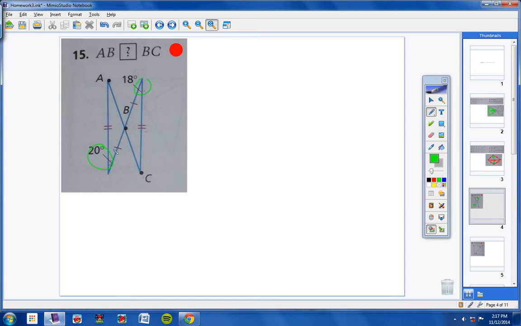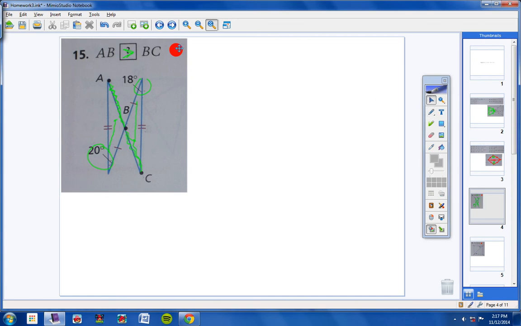So go straight across. 20 is the bigger angle than 18, so AB, from here to here, has to be bigger than BC. So, greater than.